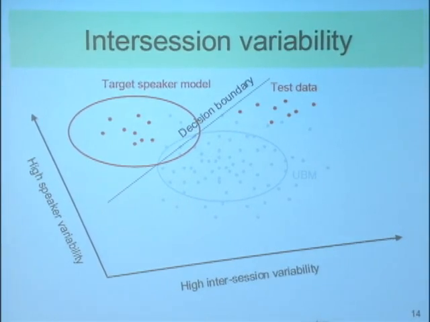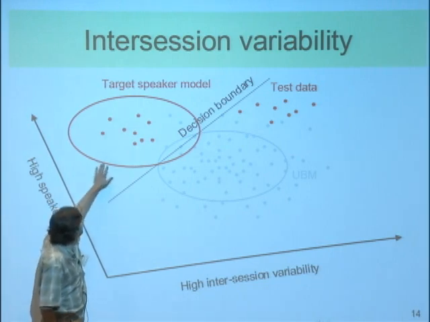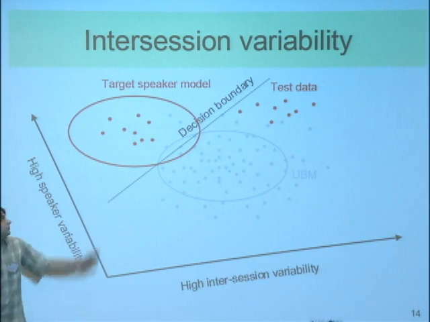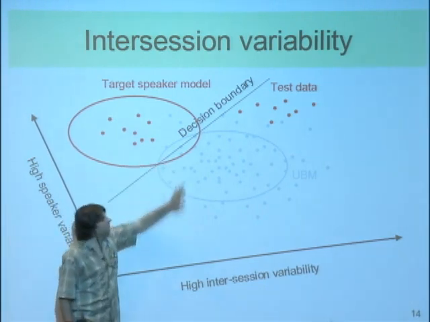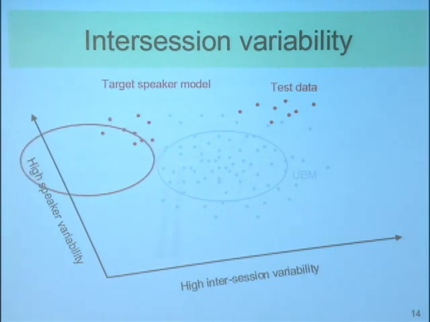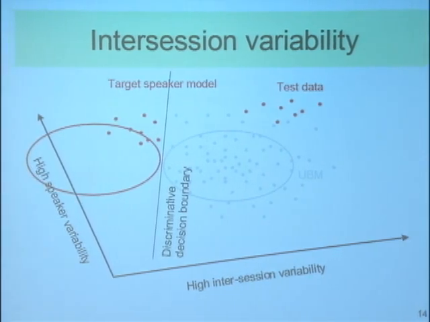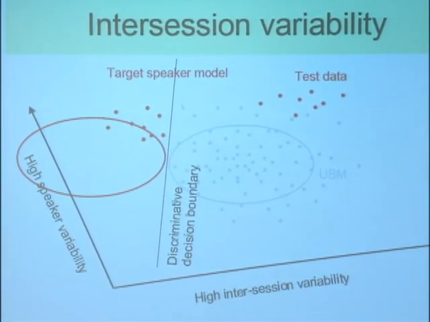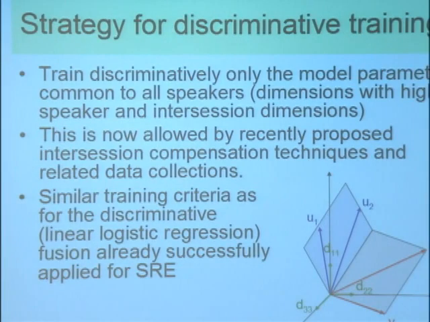But if we try to retrain such a speaker model discriminatively, it actually tries to separate the speaker data from the general data, so it would even try to separate the red dot from the blue dots, and we would probably end up with a model that looks like this, where the decision boundary is even more incorrect, and we would get the target speaker even farther from the data. So the standard way of discriminative training cannot basically be applied in this framework. We have to think of something else.